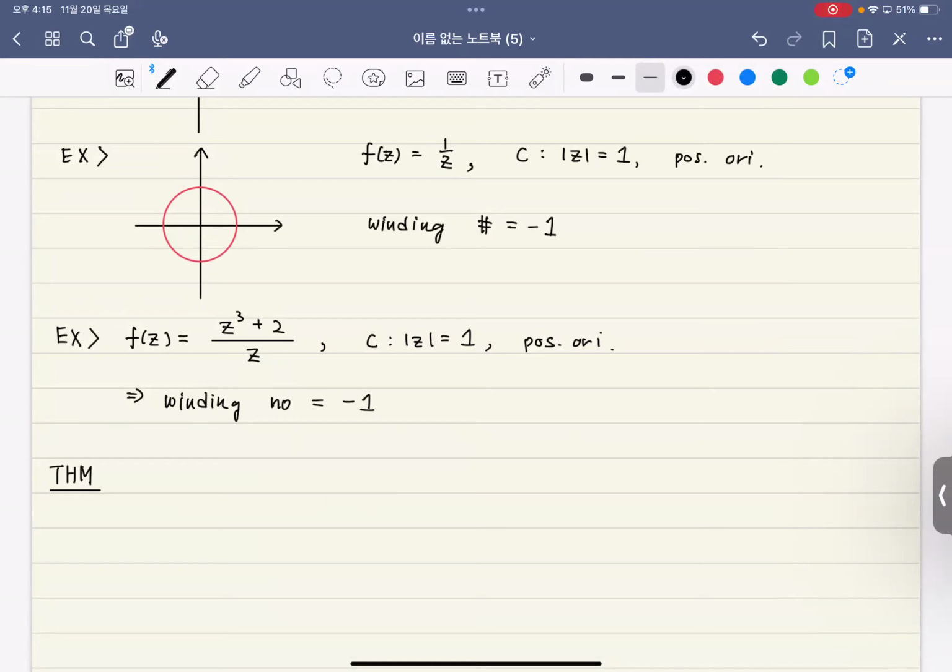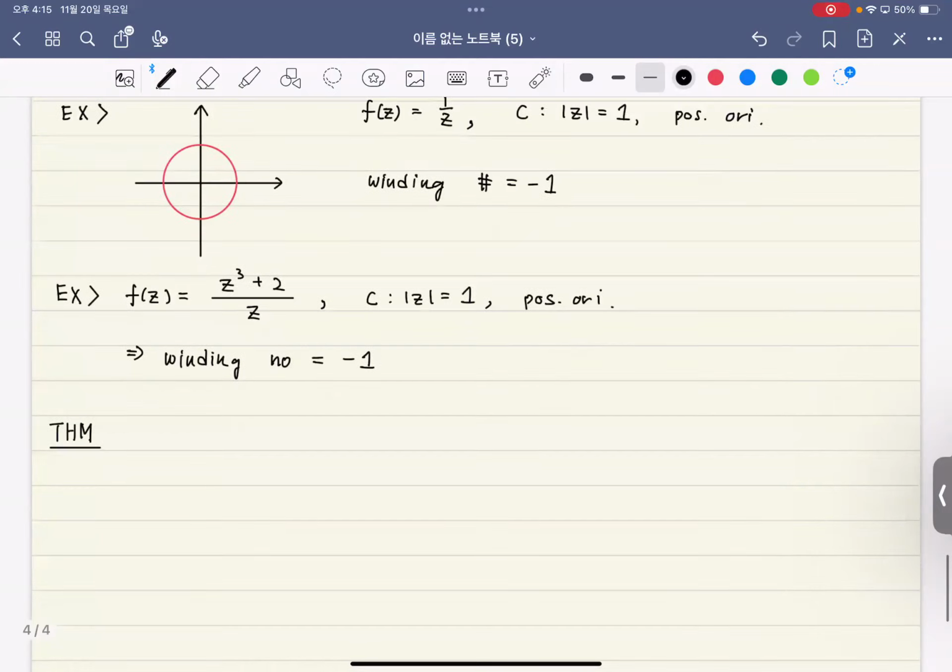But as an undergrad student studying complex analysis, why should we care about the winding number? Well, the next theorem gives you the idea why. The winding number gives us a way to find the number of zeros of any given analytic function inside some domain. I'm going to give you the statement.